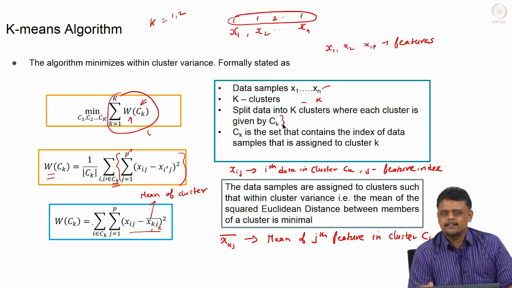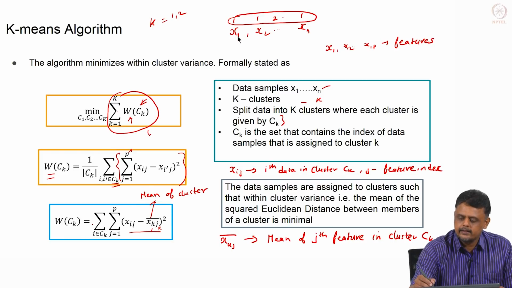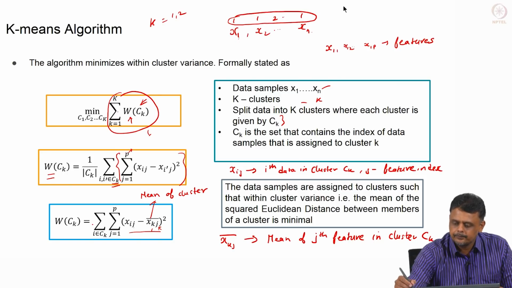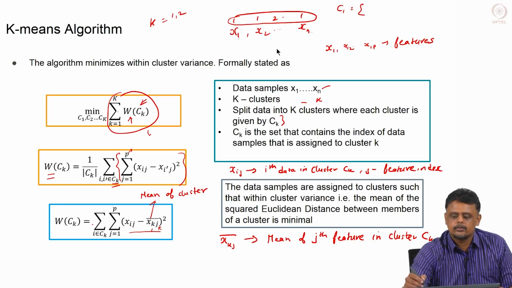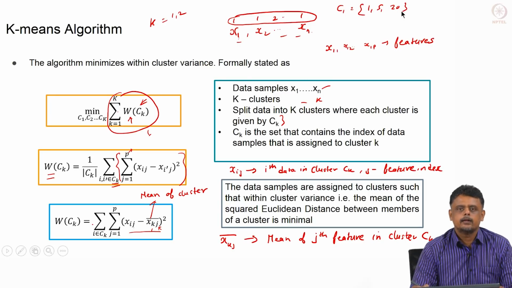So, Ck is just a set of all the data point indices which correspond to that cluster, because the data point indices range from 1 to n. So, cluster C1 would be just a set of indices of the data points. Let us say data points 1, 5 and 20 are in cluster C1. So, that is just C1, right.